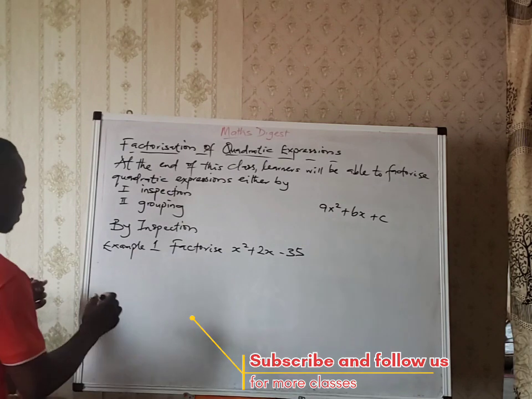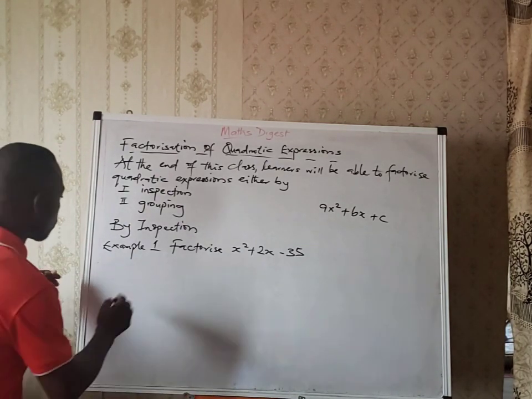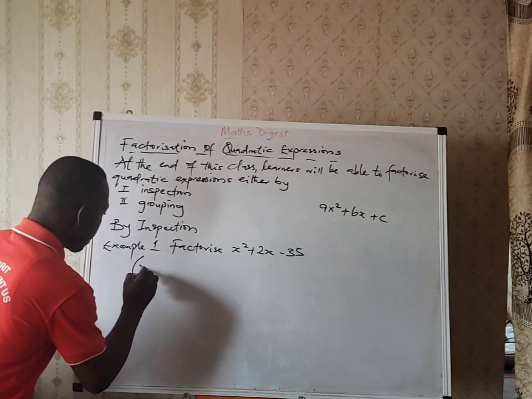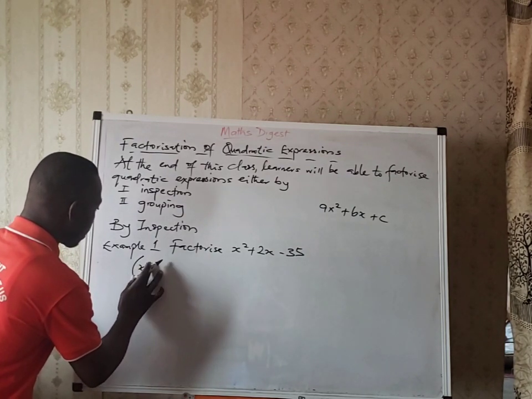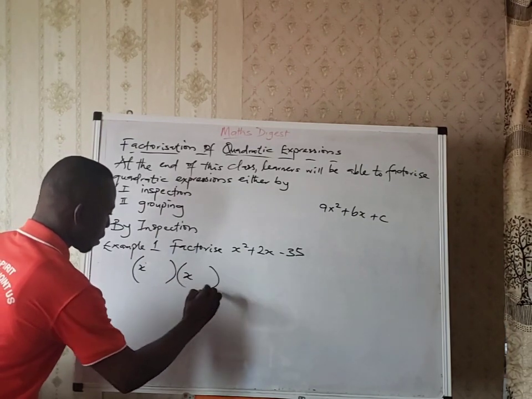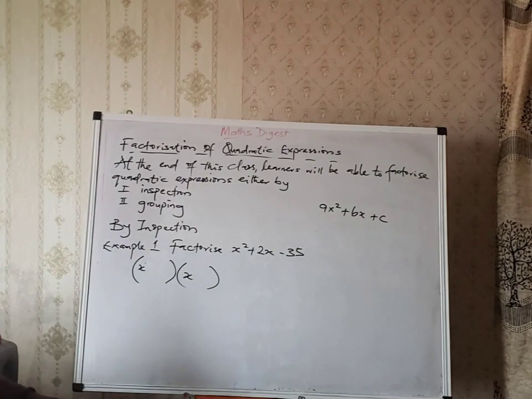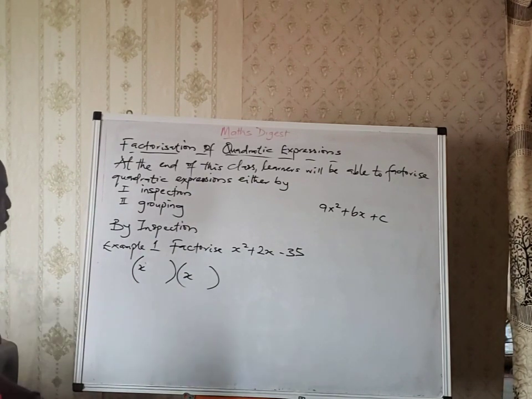The intention is to put it in brackets like this, x in one bracket and x in another bracket, then we find out the numbers that will be here.